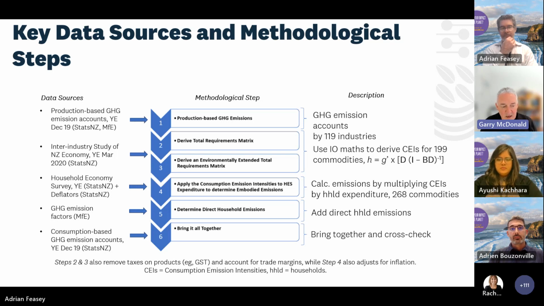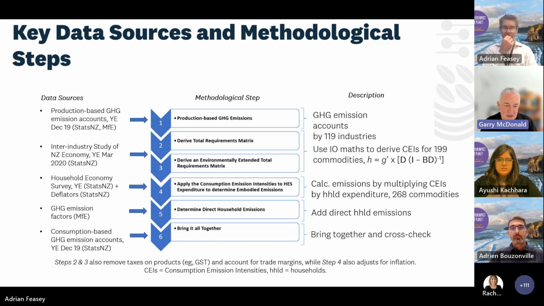We also require at the end a cross-check on the consumption-based emissions as calculated by Stats. And what we found when we did that comparison is we're 99 point something or other the same. So basically we get the same results as Stats, although Stats do a much more aggregate level picture of it, whereas ours is broken down by a base of 199 commodities.